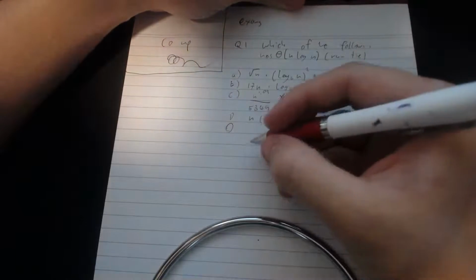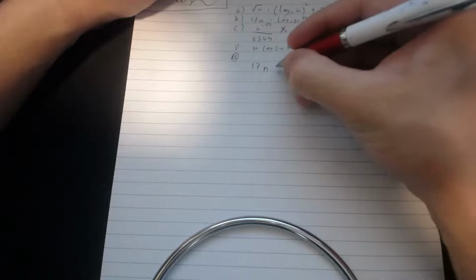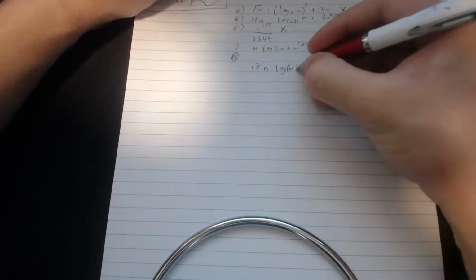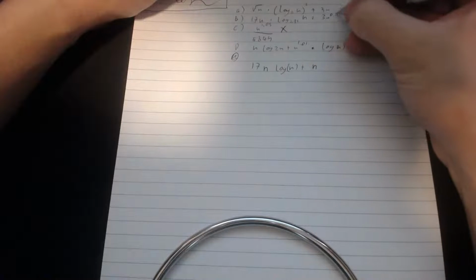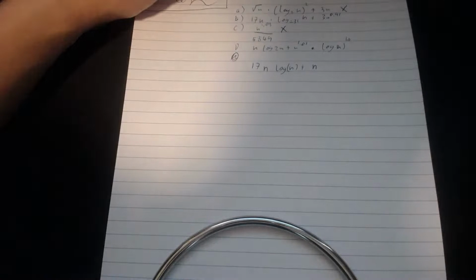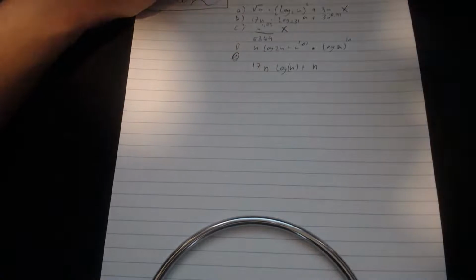Let's convert some of these into log n notation to give ourselves a little more space. So it's 17n log n plus n to the 0.91, and that's n and that's n and that's n. Just concerned about the power of 10 there, because that's a little bit funky.